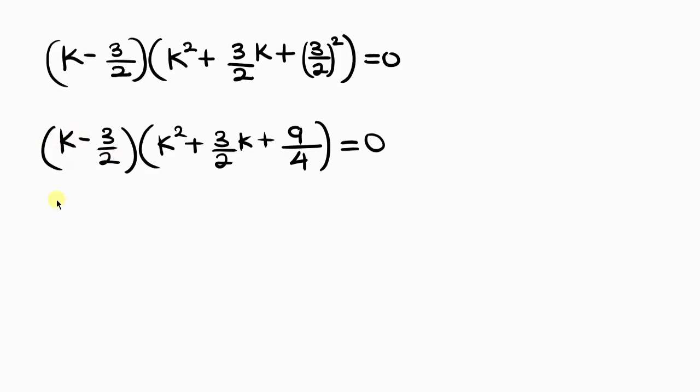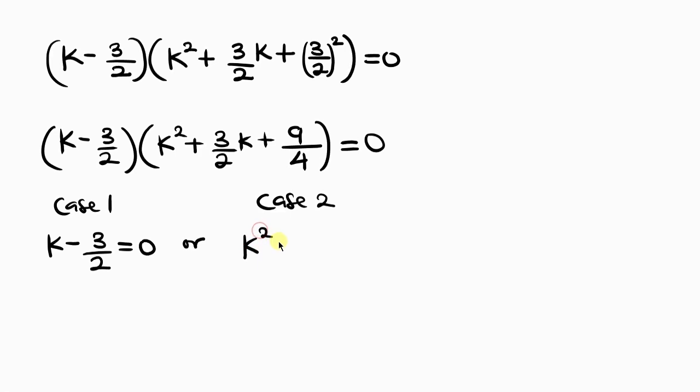The first case, let's just call this case 1, is k minus 3 over 2 equal to 0. Or the second case, case 2, is k squared plus 3 over 2k plus 9 over 4 equal to 0.